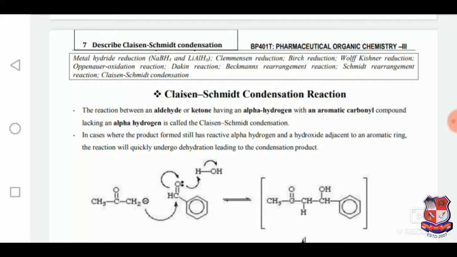So what is the Claisen-Schmidt condensation reaction? The reaction between an aldehyde or ketone having an alpha hydrogen with an aromatic carbonyl compound lacking an alpha hydrogen is called Claisen-Schmidt condensation.